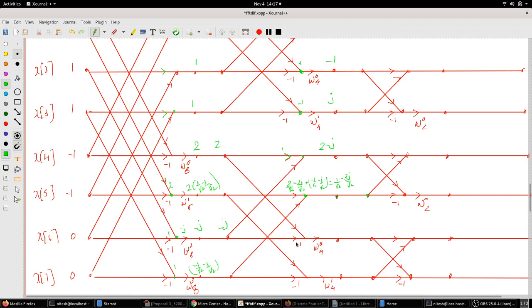Now same thing here, 2 plus j. This is a 2 plus j value which will be coming here. This guy here will be 2 by root 2 minus 2j by root 2 plus 1 by root 2 plus j by root 2. This is what you get into w1 of 4. w1 of 4 is what? This guy is multiplied by minus j here. Okay, minus j.